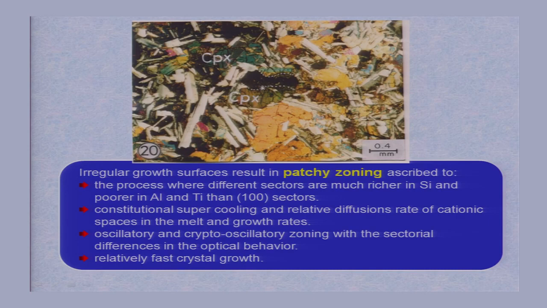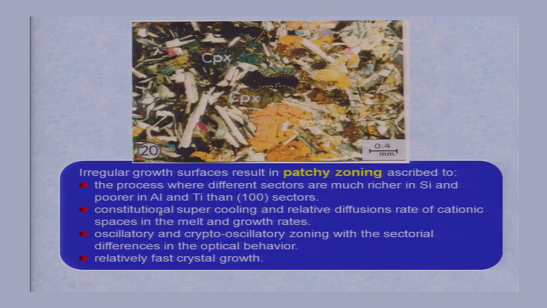When you rotate the stage, you may find this crystal behaves differently optically. The last implication is relatively fast crystal growth. This kind of patchy zoning is attributed to fast crystal growth.